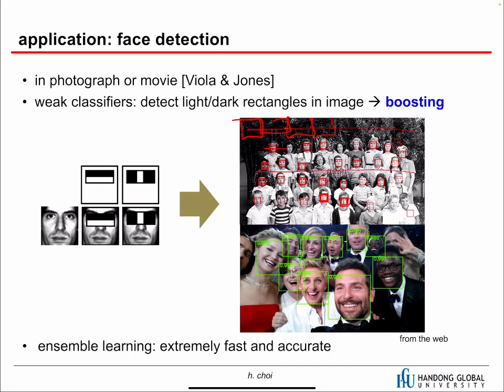And then if the weak classifier says, oh, this is a candidate, there might be a face, then we apply more complicated neural network. So that is kind of boosting. Okay, first we apply the weak classifier, and then if there is a possibility, then we apply the complicated model so that we can have a fast and accurate face detection model.